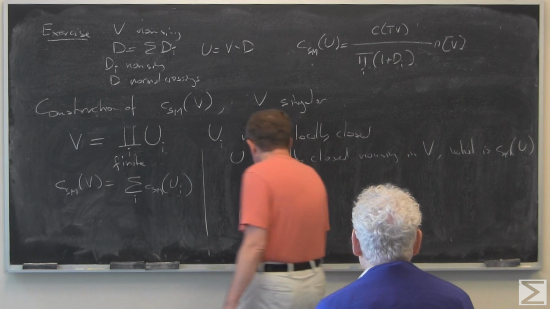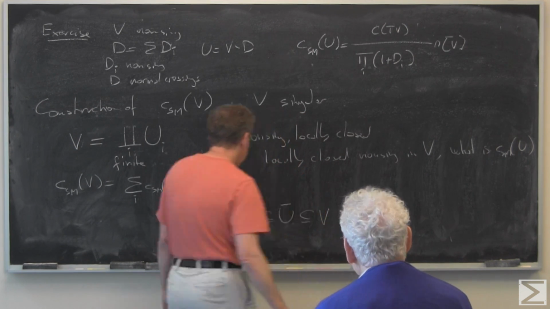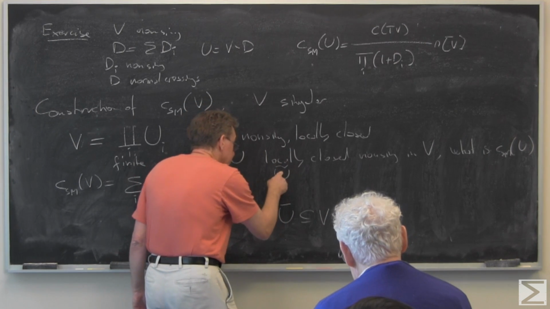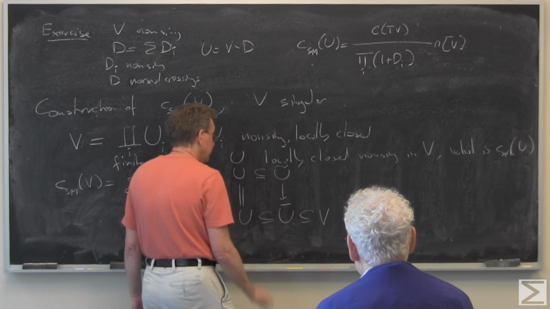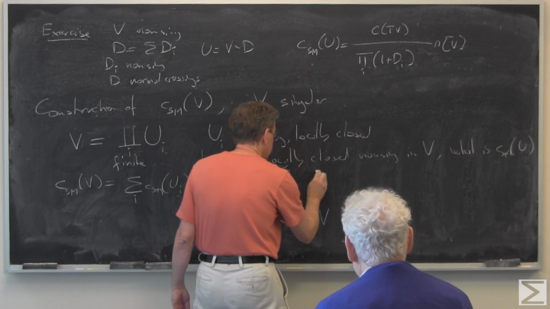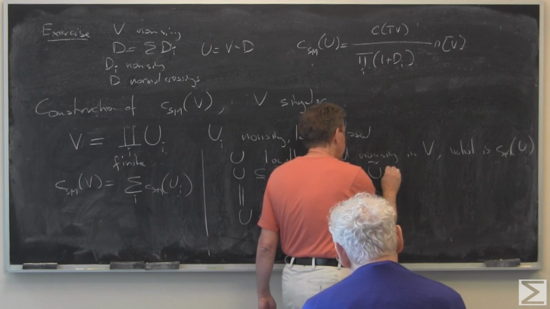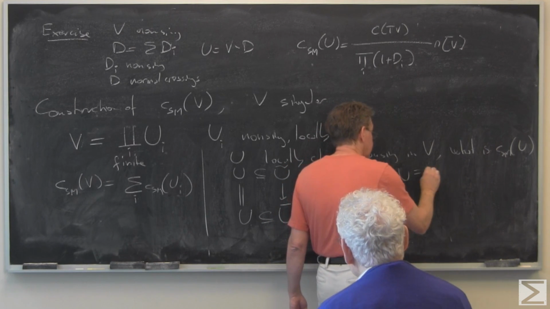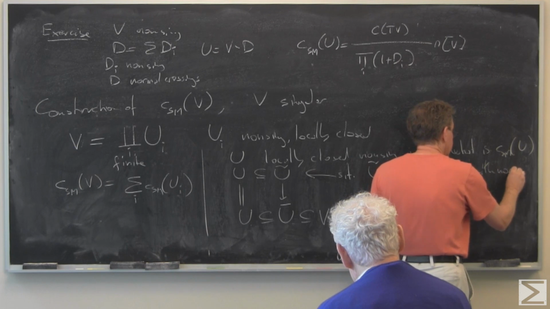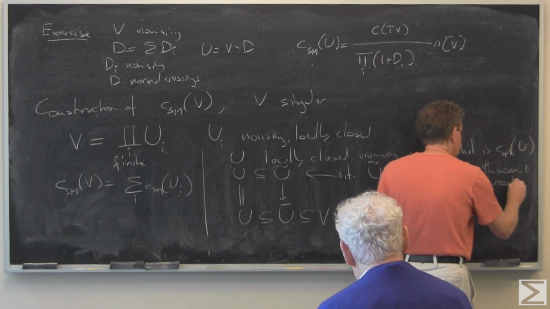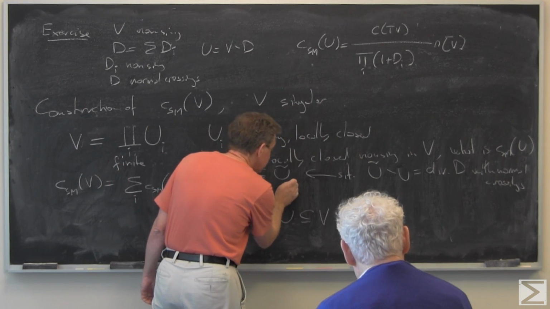Take U, close it in V, then do a log resolution here, so that you have a copy of U in U tilde, such that the complement of U in U tilde is a divisor with normal crossings on non-singular components. Call this map whatever you want.